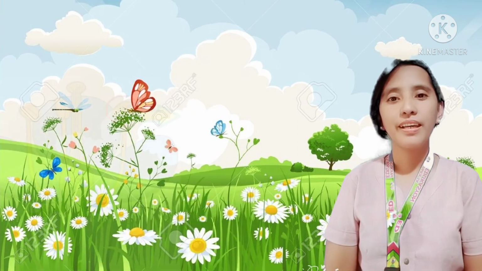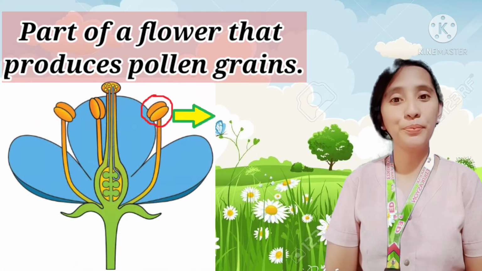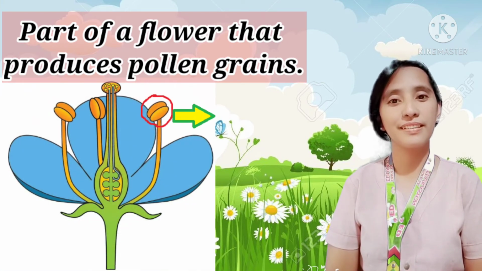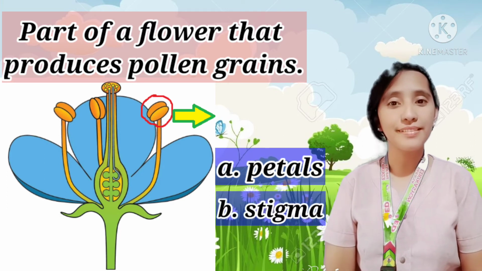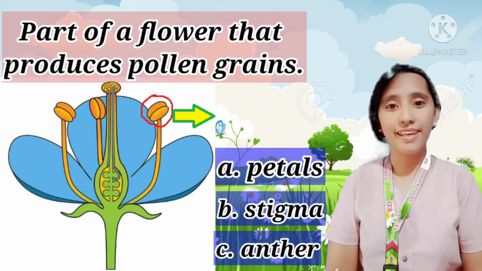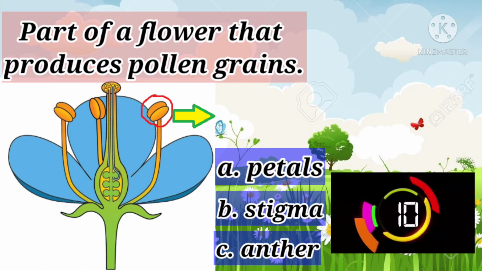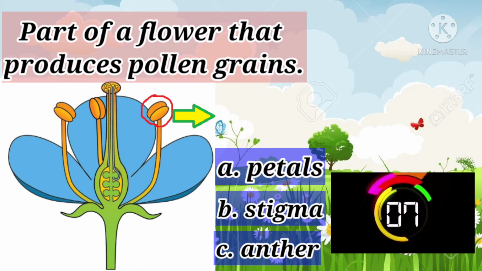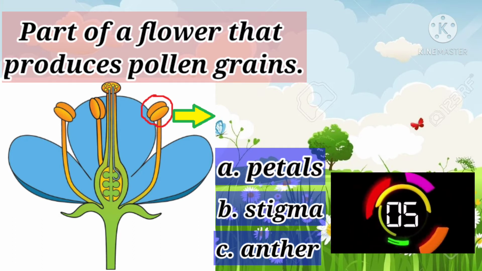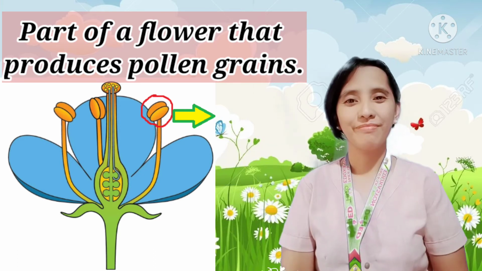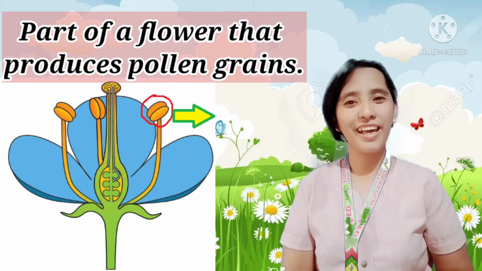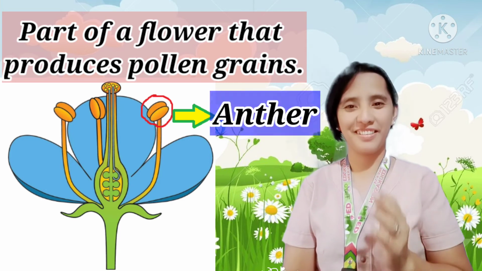It is part of a flower that produces pollen grains. A. Petals, B. Stigma, C. Anther. Very good. The correct answer is anther.